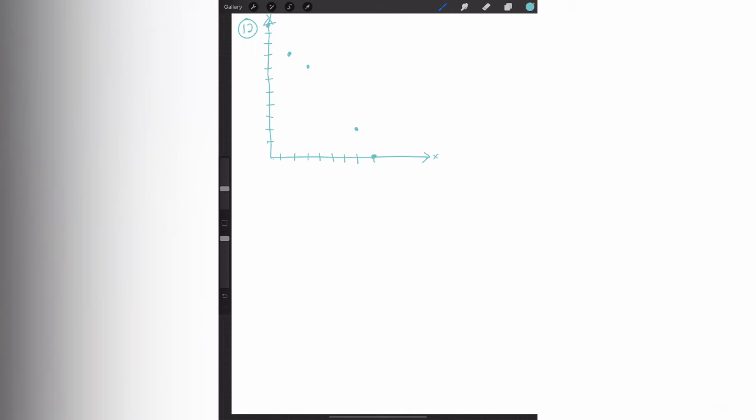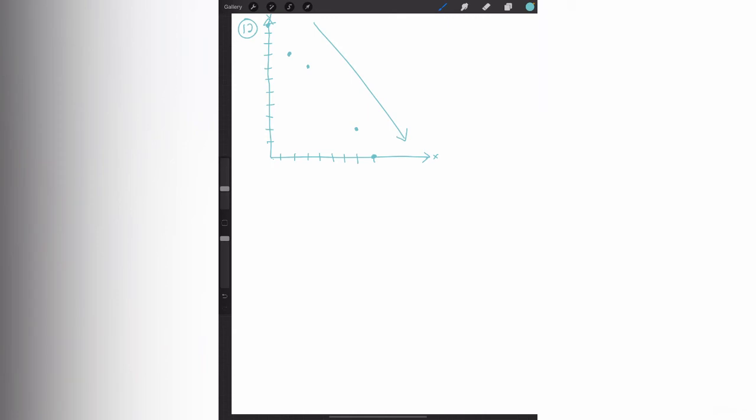All right, so these points are moving from left to right in more of a downward trend, right? And on the homework document, you see that there are 5 different types of correlation listed.